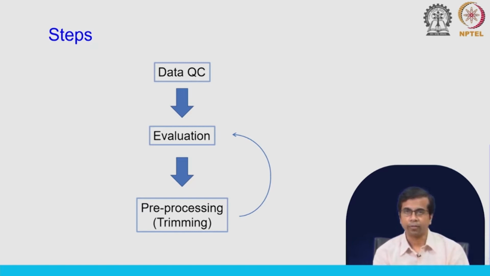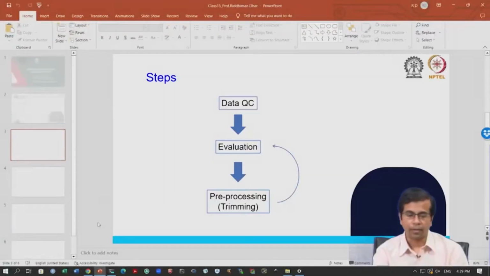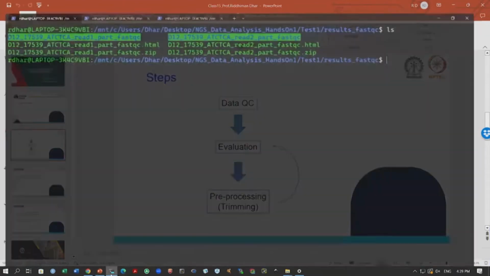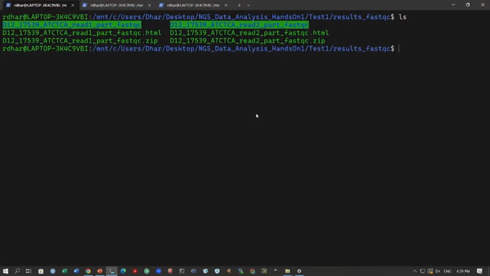So, let us move into the terminal, where we have generated the quality control. If you remember, in the last class we discussed how we generate these quality control results using FastQC.